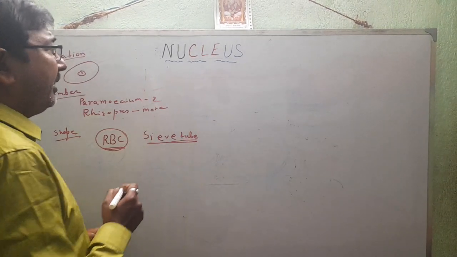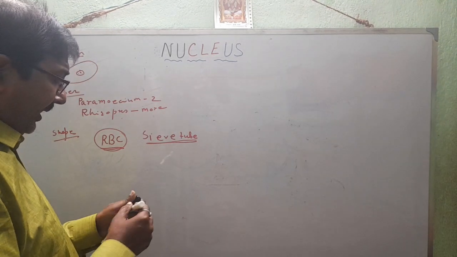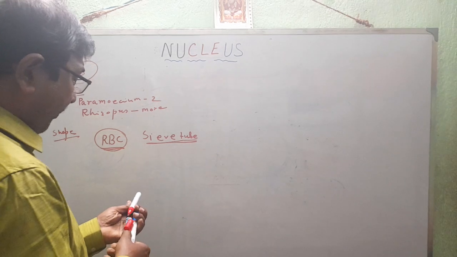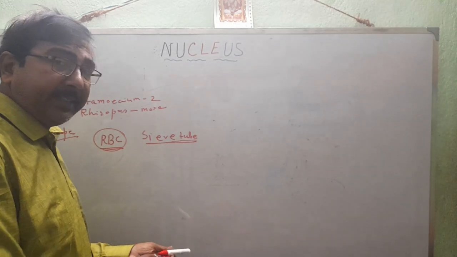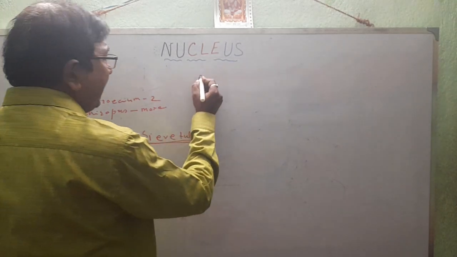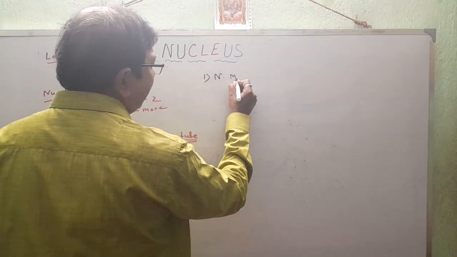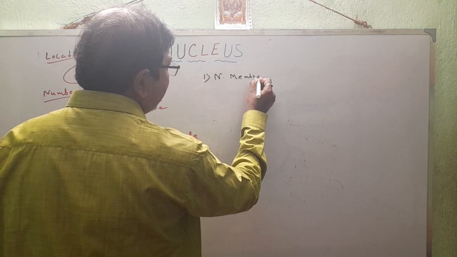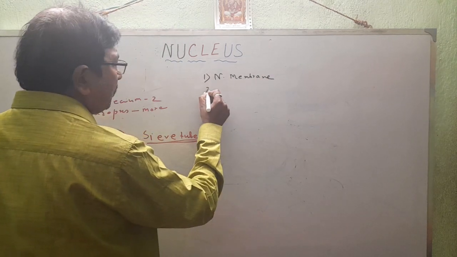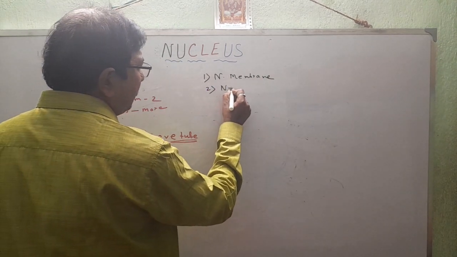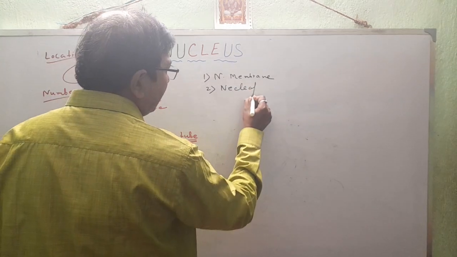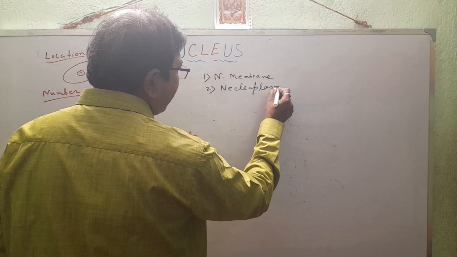Then, components of the nucleus. What are the components present in the nucleus? Four components are mainly present in the nucleus. Number one, nuclear membrane. Number two, nucleoplasm.